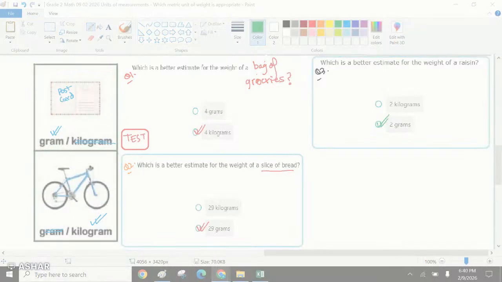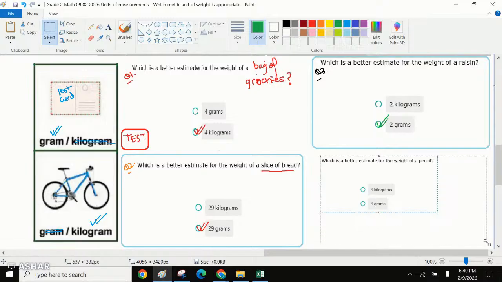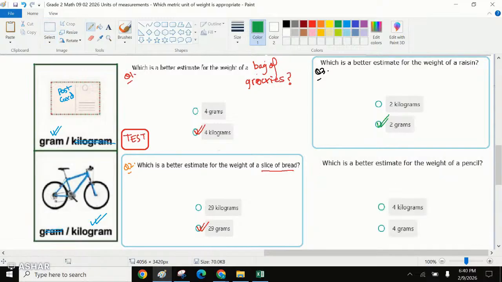Okay, agreed. Moving on ahead. So the next question says, which is a better estimate for the weight of a pencil? Question number 4. Can a pencil be heavier, like if it says 4 kilograms?